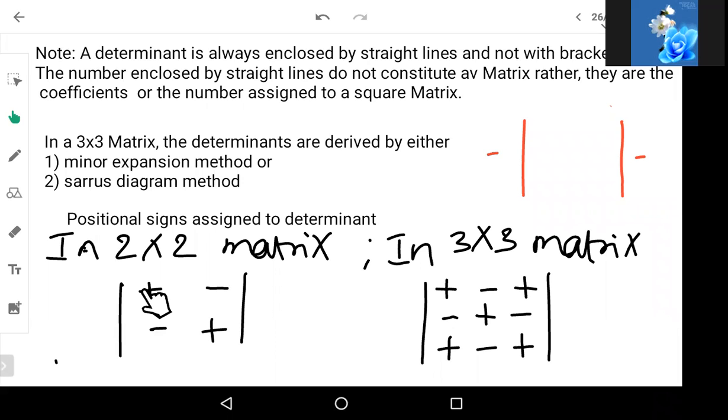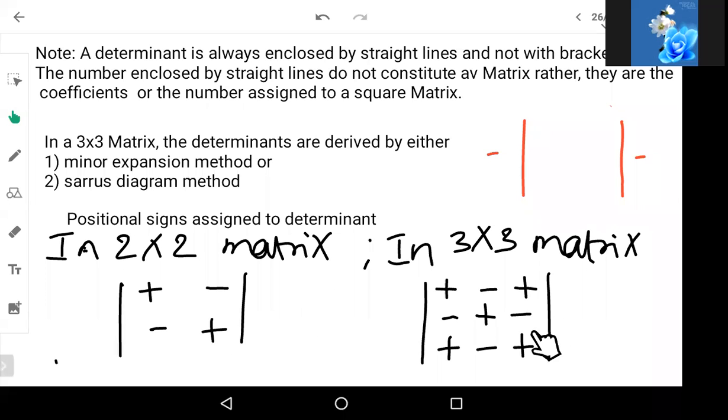Now in 2 into 2, we start from plus, minus. In the first row we start from plus and then we have the alternate sign minus. In the second row, it will start with the opposite sign from the first row. So that is minus and then the opposite sign plus. This will be the sign position of the 2 into 2 determinant.